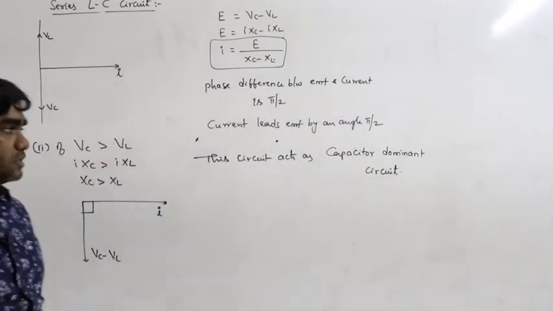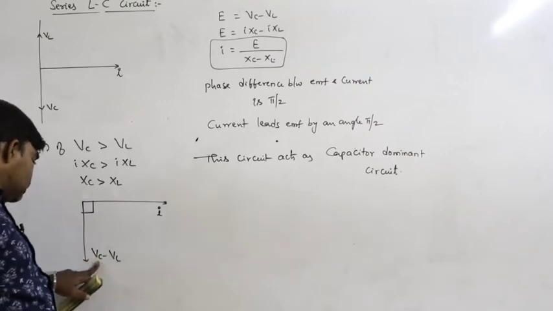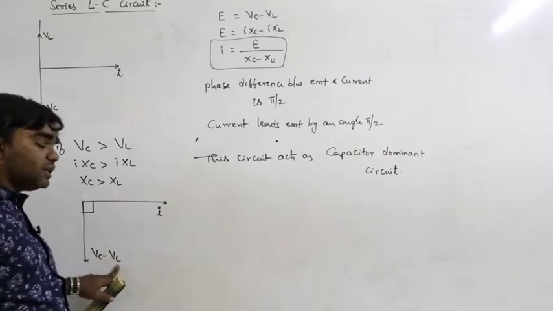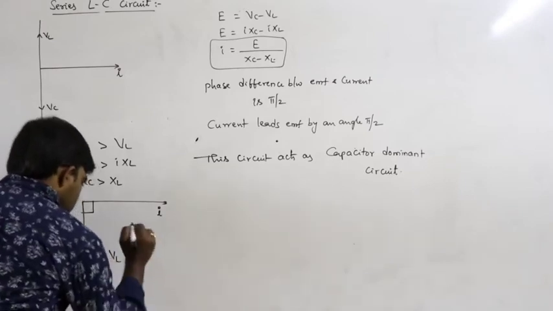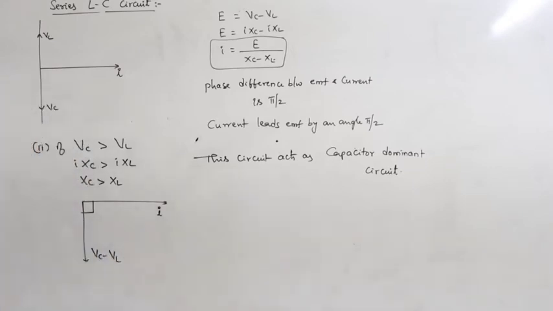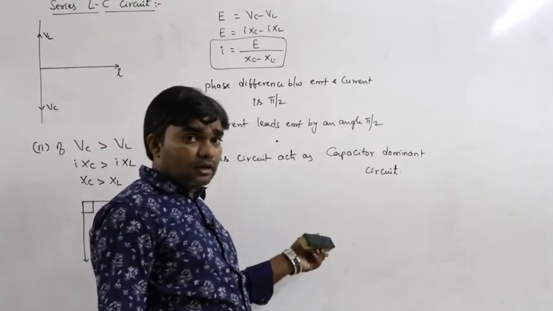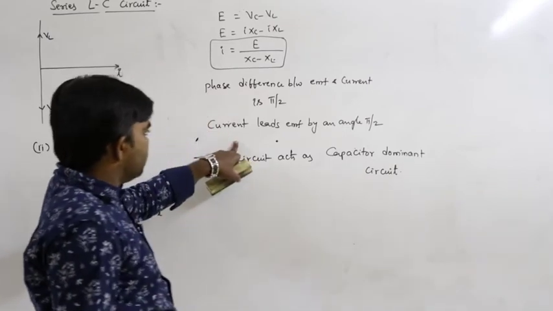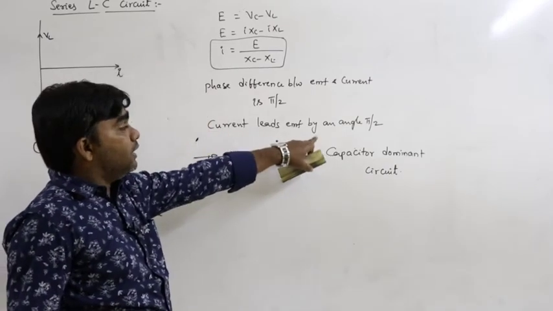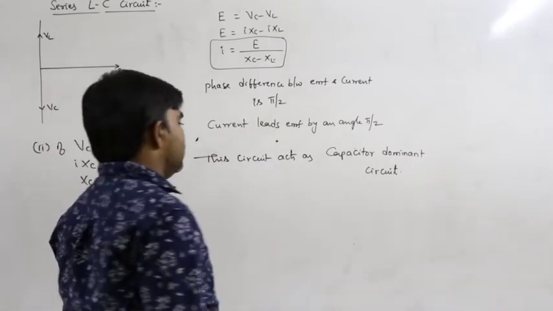This circuit acts as the capacitor dominant circuit because the potential across the capacitor is greater than the potential across the inductor. So that is why this circuit acts as the capacitor dominant circuit or pure capacitive circuit. In case of a pure capacitive circuit, current leads by an angle pi by 2. That means the phase difference between EMF and current is 90 degrees.